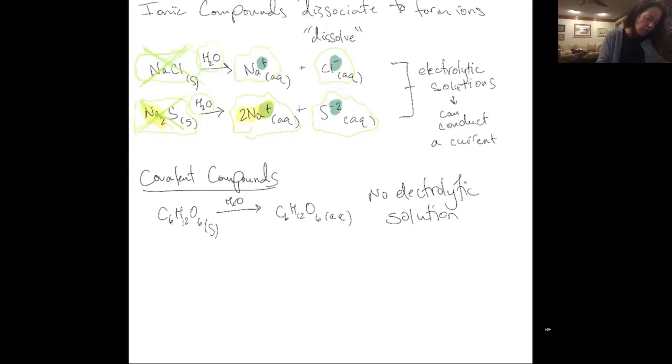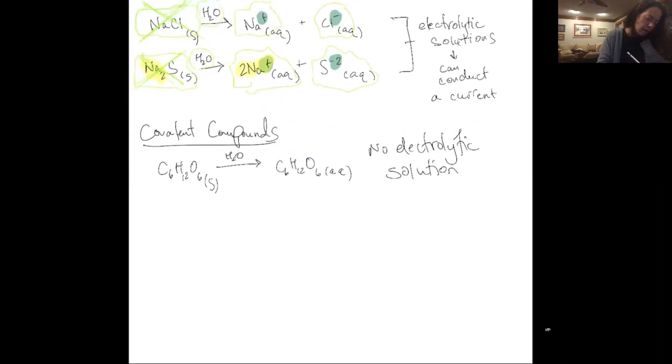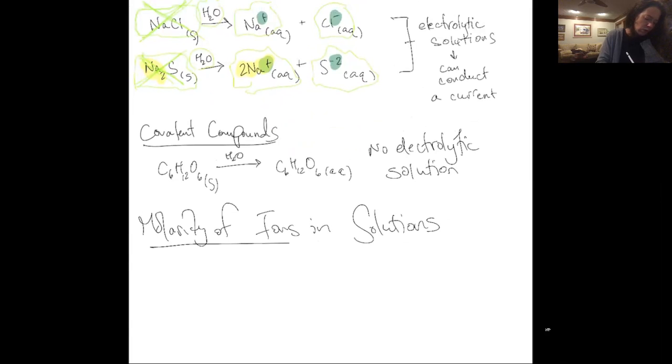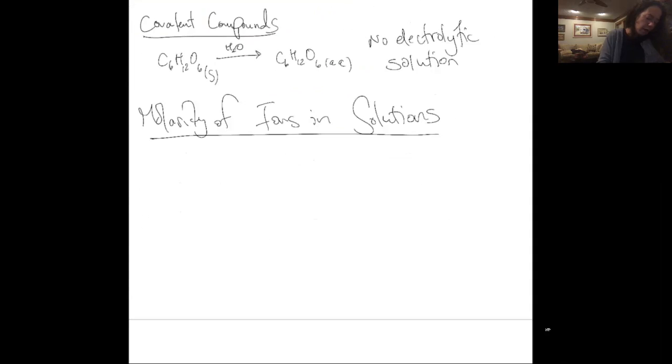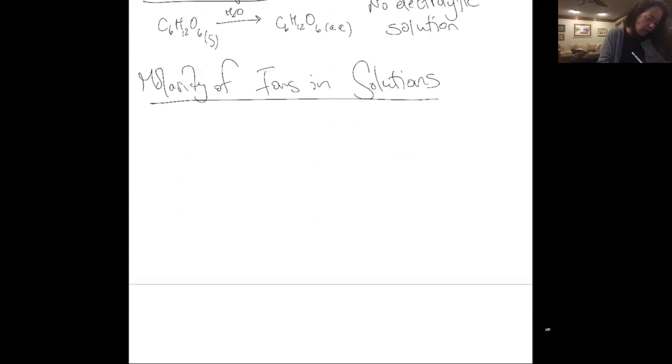Now let's look at the molarity of ions in solution. I've had a hard time keeping this short and simple, so I'm going to simplify it here. Let's say we've got solid sodium chloride, with a sodium ion in the solution plus a chloride ion in the solution.